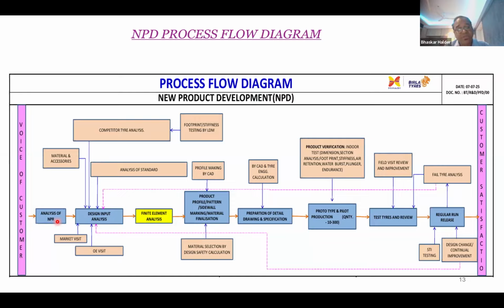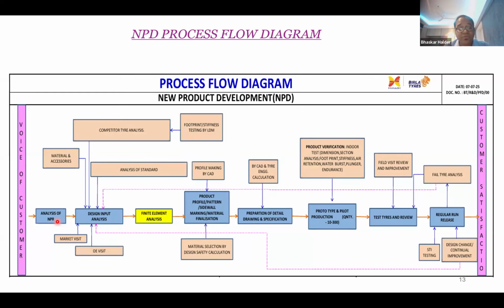Then we procure the benchmark tires and do reverse engineering of the benchmark tire. So we prepare some design input analysis. After designing, we fix the outer part, which we call the cavity. So we start the engineering drawing of the tire.